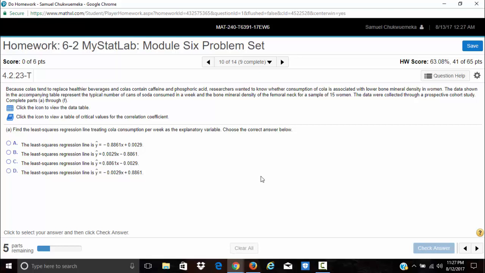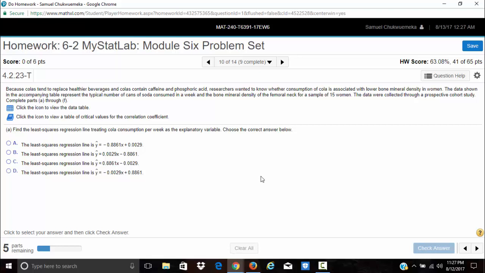The data shown in the accompanying table represent the typical number of cans of soda consumed in a week and the bone mineral density of the femoral neck for a sample of 15 women. The data were collected through a prospective cohort study. Complete parts A through F.